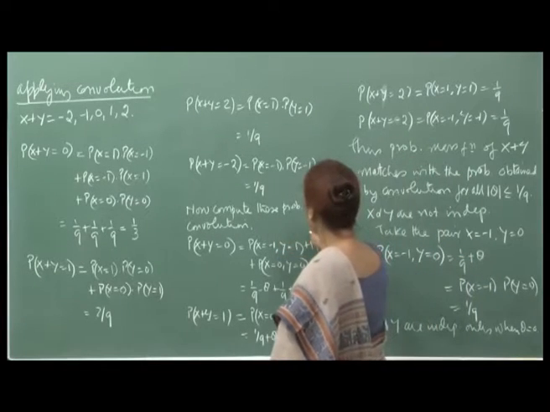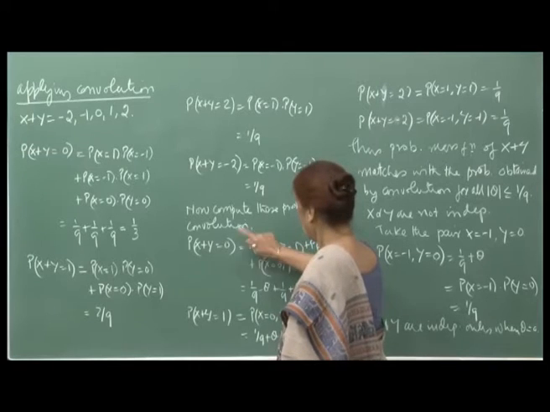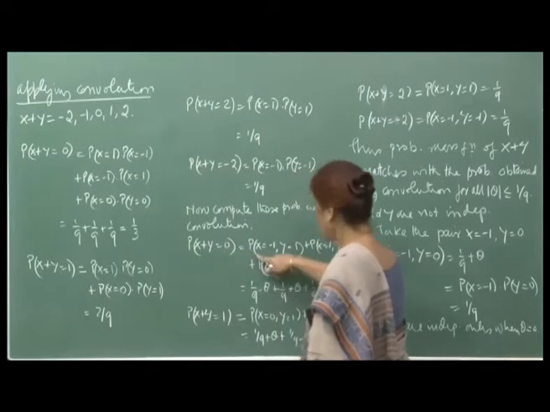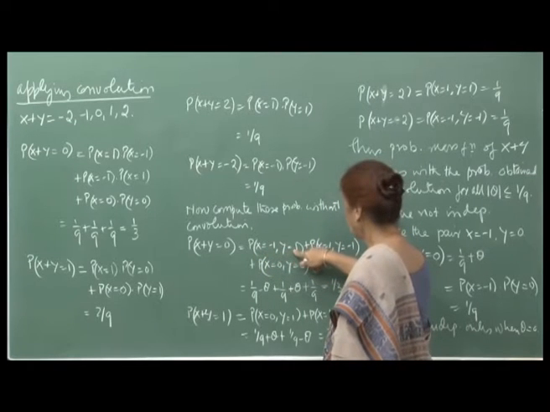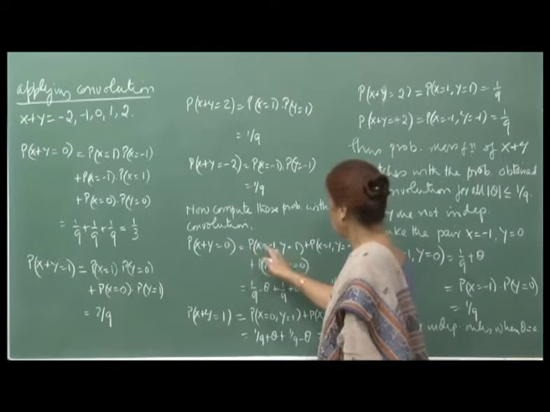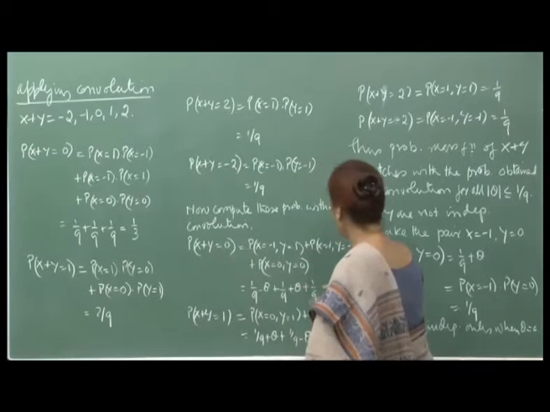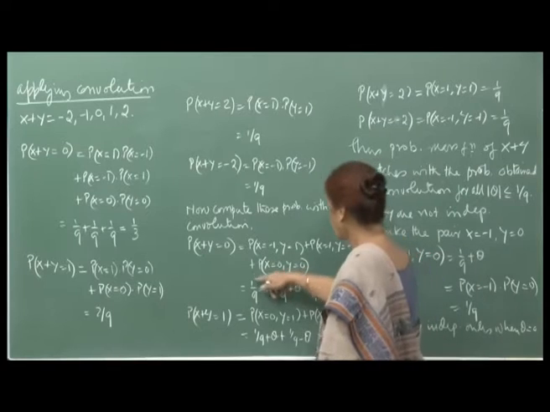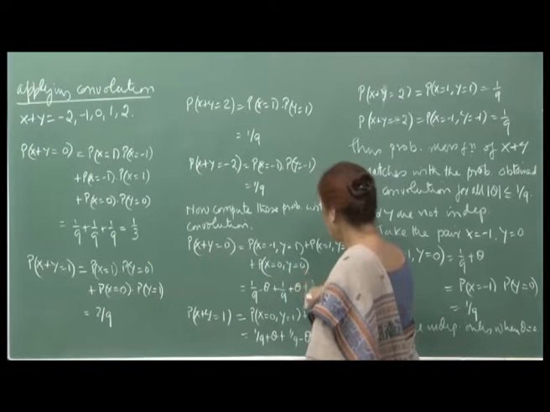Now we compute these probabilities without convolution. For example, probability x plus y equal to 0 will be probability x equal to -1, y equal to 1, so all pairs that make up x plus y equal to 0, plus probability x equal to 1, y equal to -1, plus probability x equal to 0, y equal to 0.